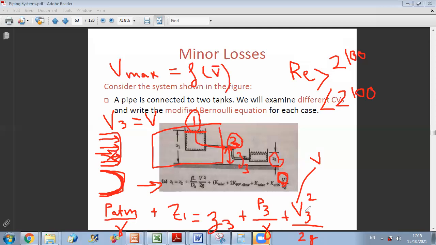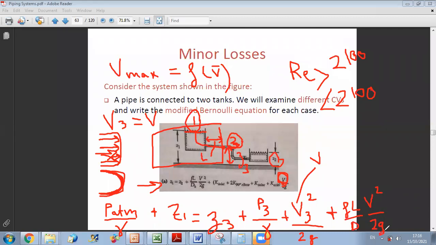So here, we still need to account for losses. Of course we have major and minor losses. Major losses will take into account what is happening in this length, so you have plus FL over D times V square over 2G.